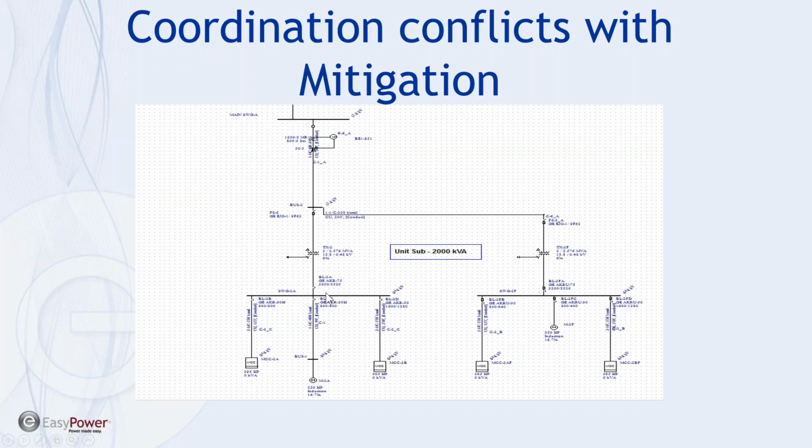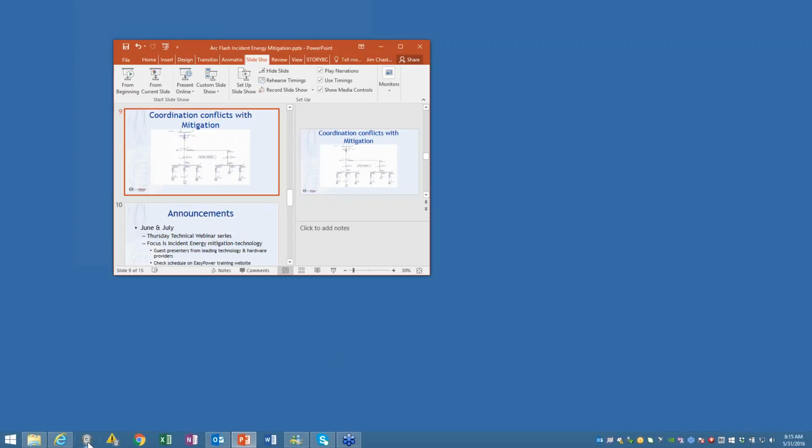But it does give us a clue on how to deal with that, in terms of being able to temporarily readjust and take advantage of technologies that let us set a temporary condition to lower those settings, knowing that we're not going to have transients downstream during the maintenance process. Again, that's stuff that we can look at with EasyPower. So let's jump into the tools and talk about this process specifically.